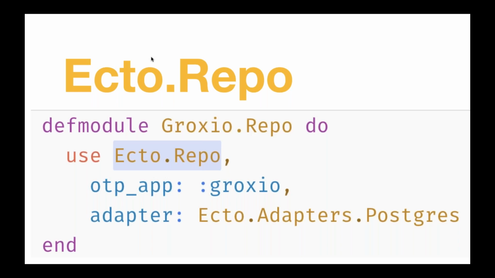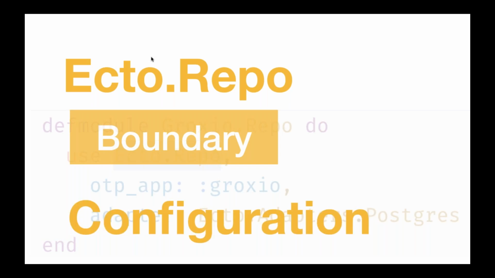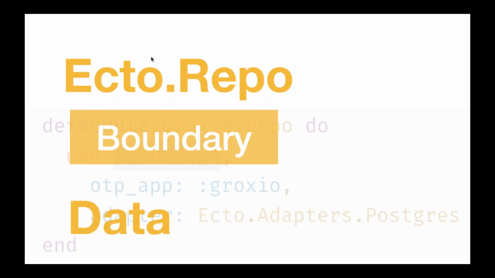So that Ecto Repo dot whatever function that you're working with carries some data about the connection as you're configuring the system. And then after you configure the system, then something else happens, right? So this is a boundary concern where the module has configuration data. And that's really cool to me. And we'll see the impact on the overall API, basically because José was brave enough to start with the data first.